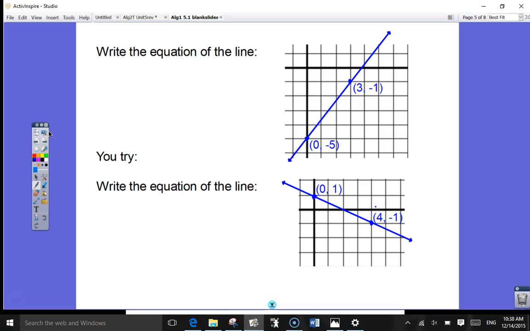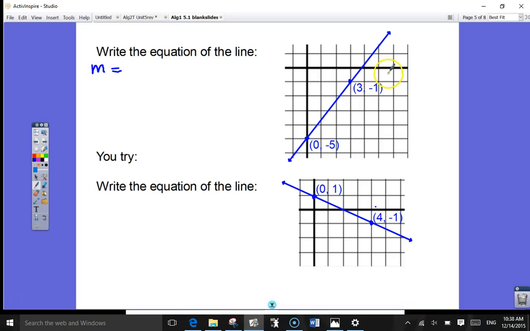So instead of using the graph, I'm just going to calculate the slope using the 2 points. So the m is, and again, you have to decide which one is going to be your x2, y2 and which is x1, y1.